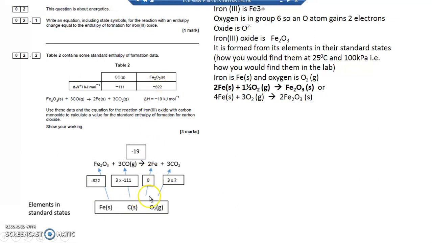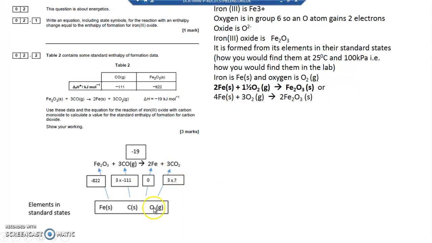And to make iron from elements in their standard states, well, Fe is already Fe, so that's 0. And to make 3 moles of CO2, I don't know that. That's what I want to try and find out: the standard enthalpy of formation of carbon dioxide.